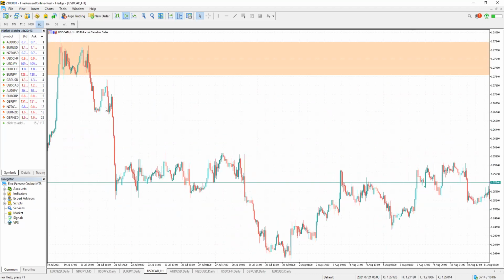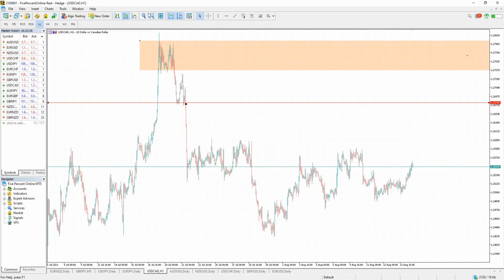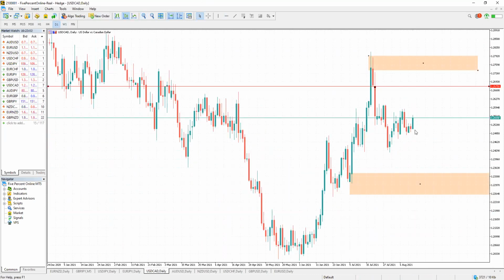On the hourly, we can see some demand over there. But very sideways market. I don't see the bias, and I don't see the trend. So I'm really on the sidelines for this one.